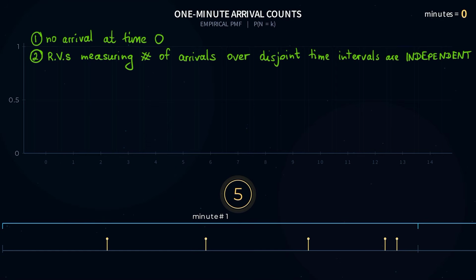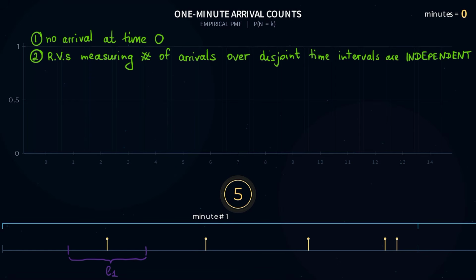The second postulate says that the random variables that are measuring the number of arrivals over disjoint time intervals are independent. Okay, that's a very important one. So let's take a look at what that says. We've got our time axis down here. Let's pick a time interval of length L1 here.